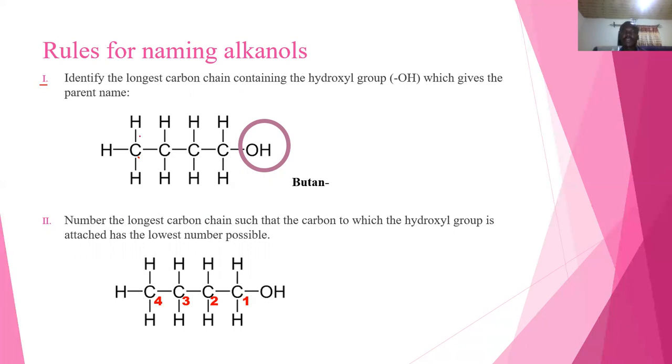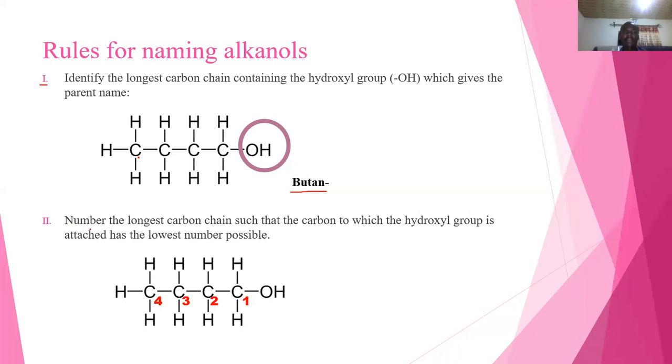So this one will give us the parent name, which is butane. So first of all, you identify the continuous carbon chain with the hydroxyl group attached to it.